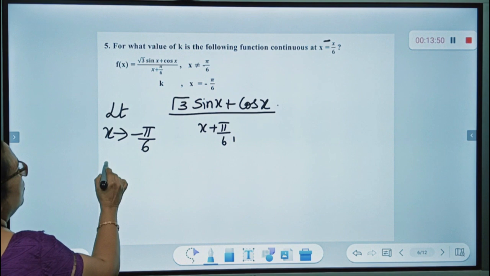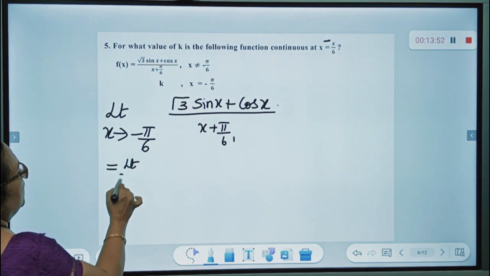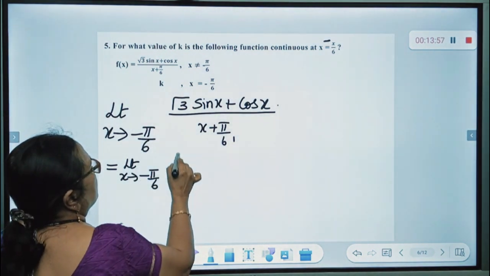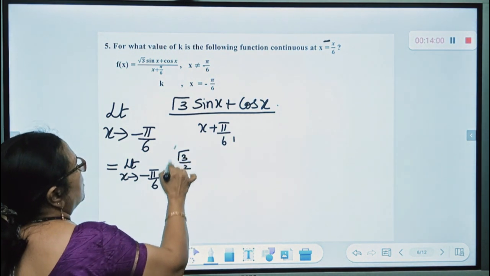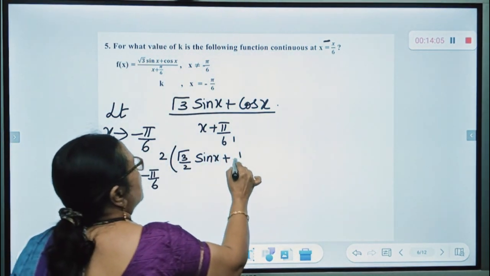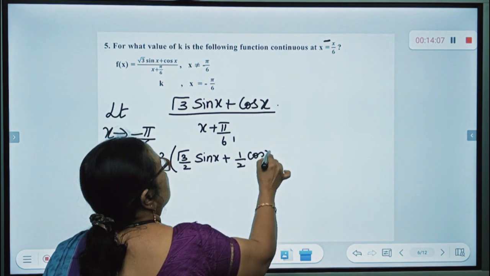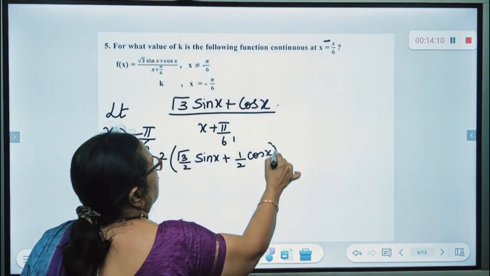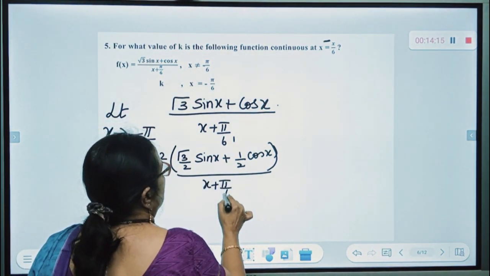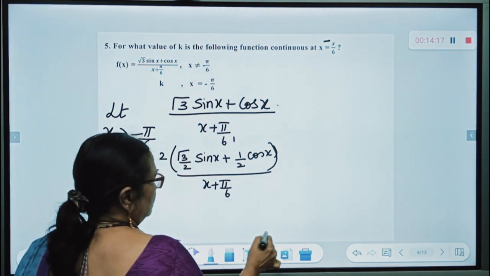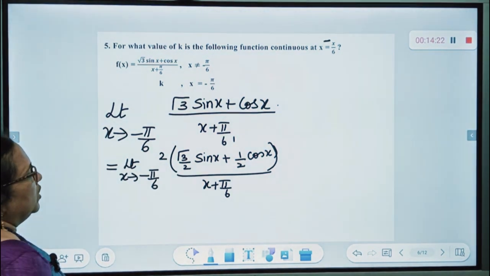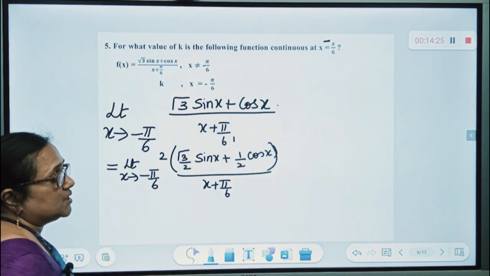Now what I am going to do, I am going to rewrite this as limit x tends to minus pi by 6, multiplying and dividing by 2, 2 into root 3 by 2 sin x plus half into cos x, divided by x plus pi by 6. Now root 3 by 2, I can write it as, what is pi by 6? 30 degrees.